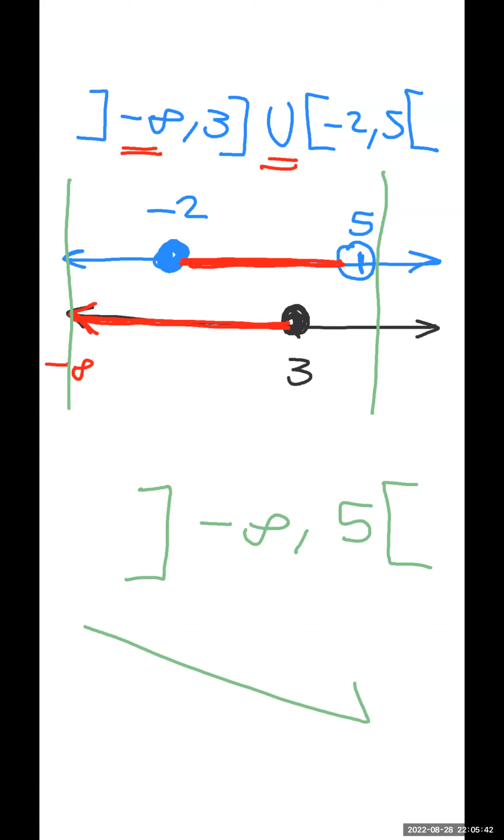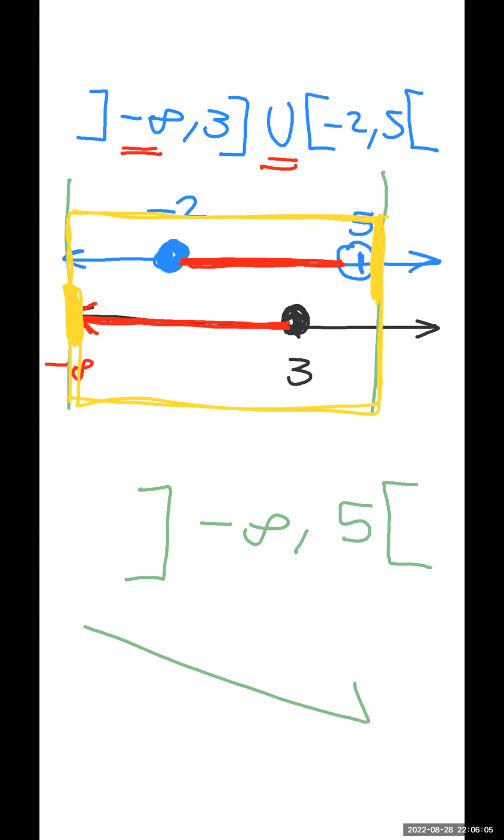Okay, again, union means what? Means all elements, right? Yeah. So all elements means from here, this is the last point on the left, and this is the last point on the right. So union means all this area, correct? Yes.